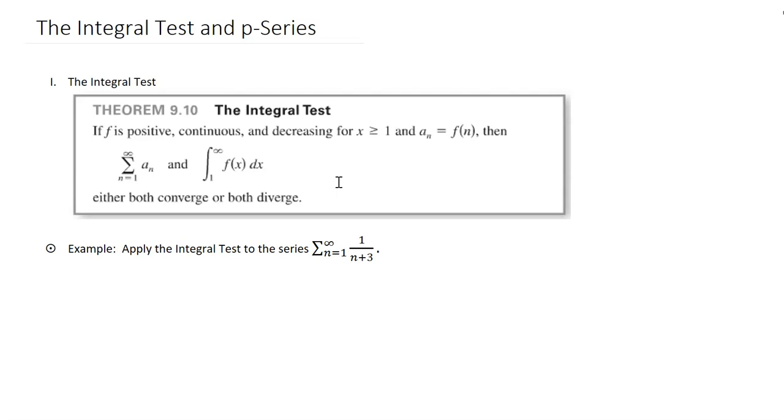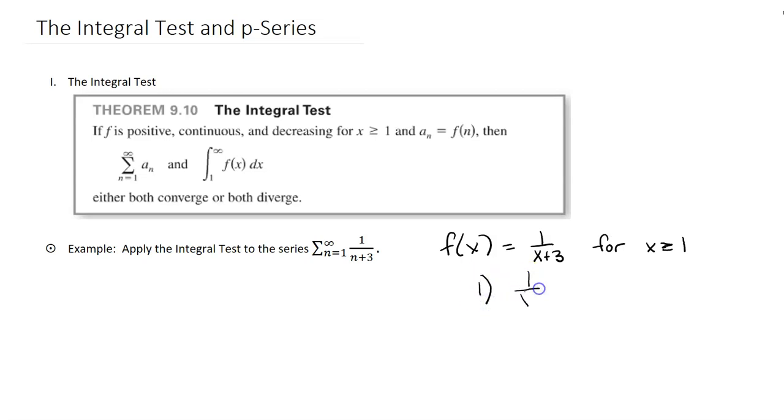So this says apply the integral test to the series from 1 to infinity of 1 over n plus 3. So we're going to let f of x be 1 over x plus 3, and we're going to talk about this occurring for x greater than or equal to 1. So this thing is continuous because x is not allowed to be negative 3. So a couple things you need to check.